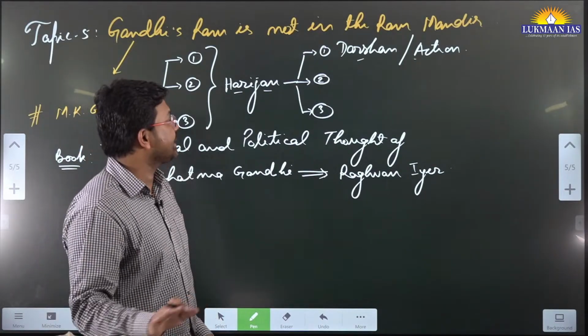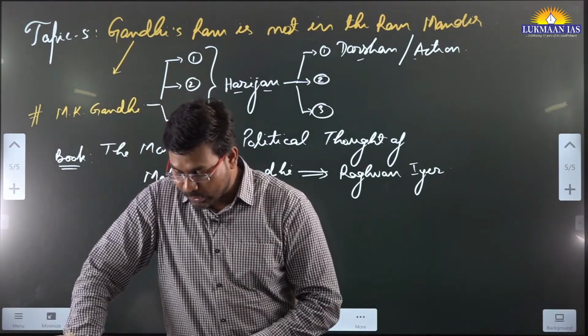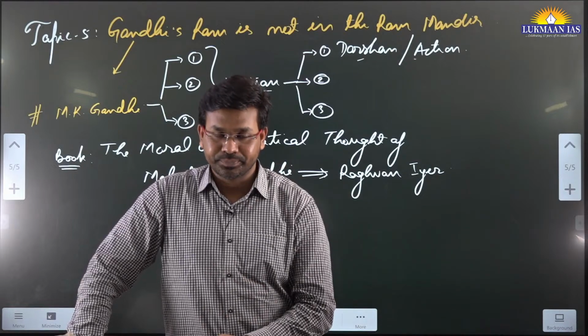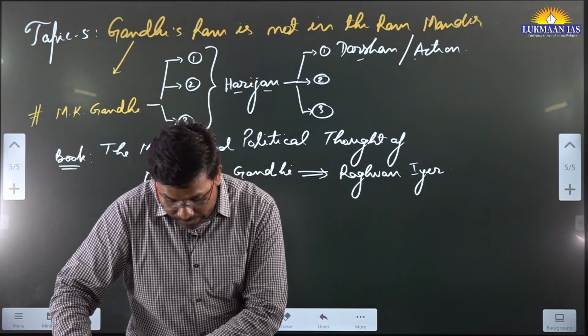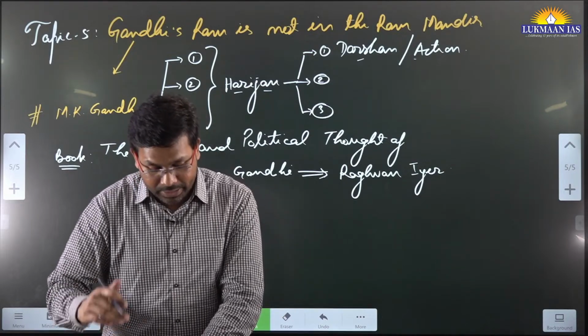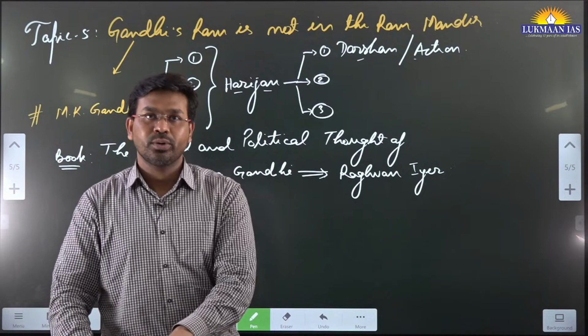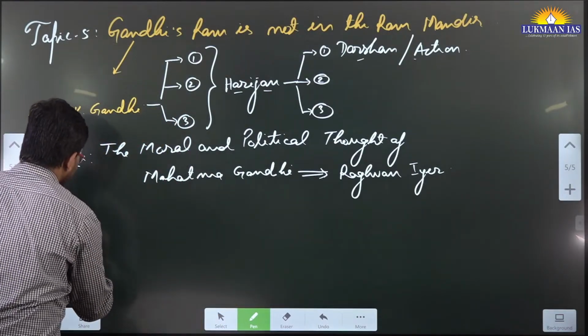So if you read this article, you are going to understand some nuances related to the connection of politics and religion. And here Gandhiji has discussed a very important thing. He sought to make politics religious and religion practical. I'm just going to write it down.